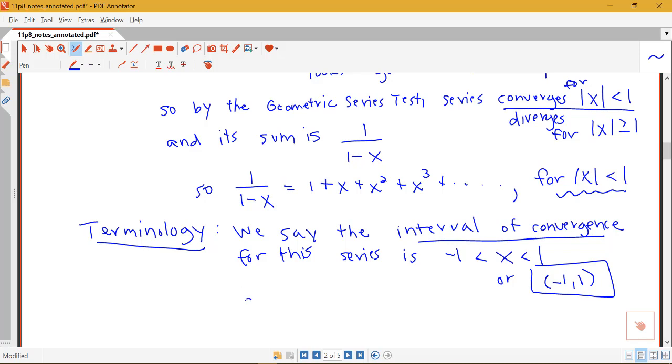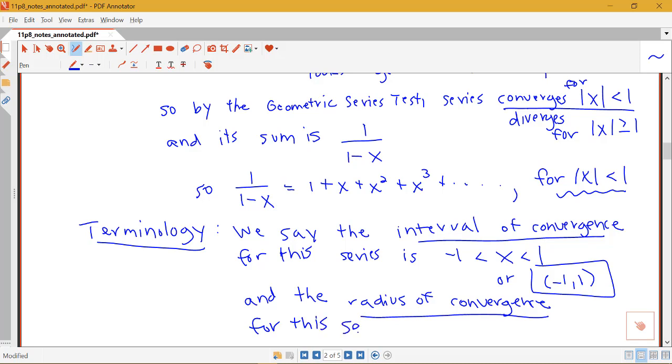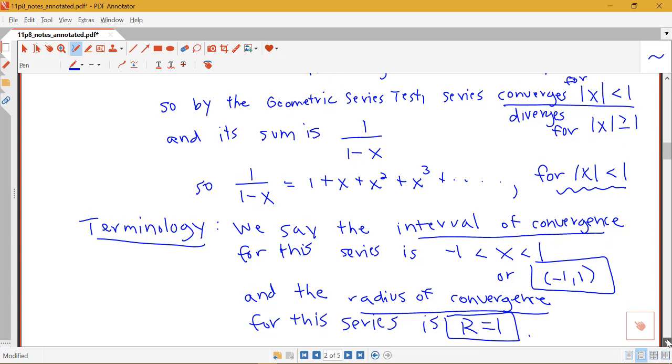We would also say the radius of convergence for this series is r equals 1. Why do I have this terminology called radius of convergence?